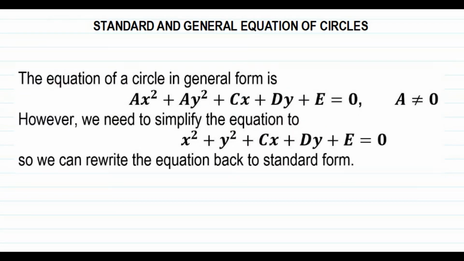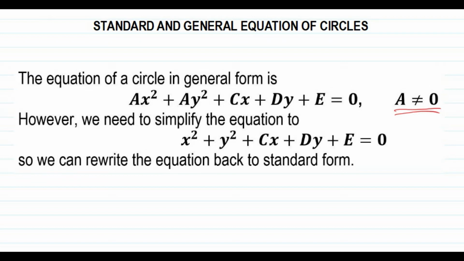The equation of a circle in general form is ax squared plus ay squared plus cx plus dy plus e equals 0, wherein a must not be equal to 0. However, we need to simplify the equation to x squared plus y squared plus cx plus dy plus e equals 0.